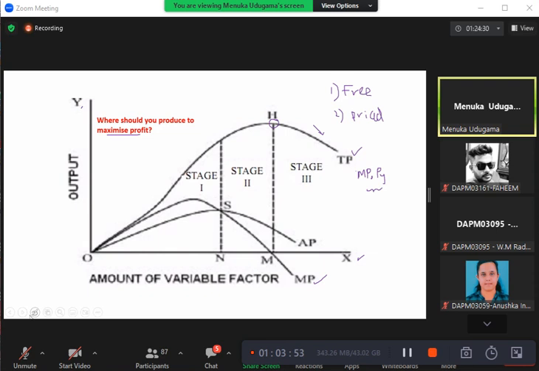So that value, when it equals the price of one extra unit of fertilizer, right? The point where these two are equal per unit of input is the profit maximizing point, right?